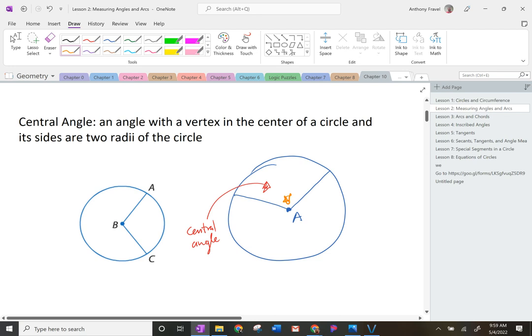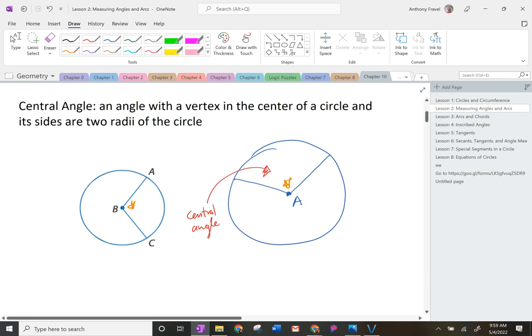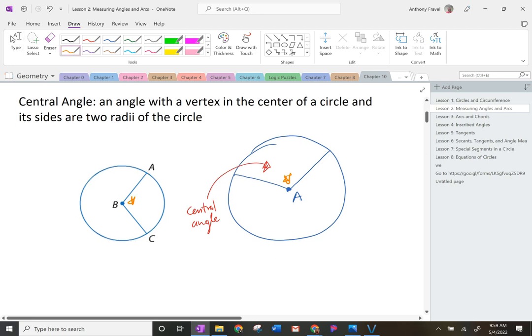If I wanted to have this central angle over here, like this one right here, how I would measure this central angle and how I would write it is I would put the measure, so the little M right there, of A, B, C. So I want the measure of angle ABC.